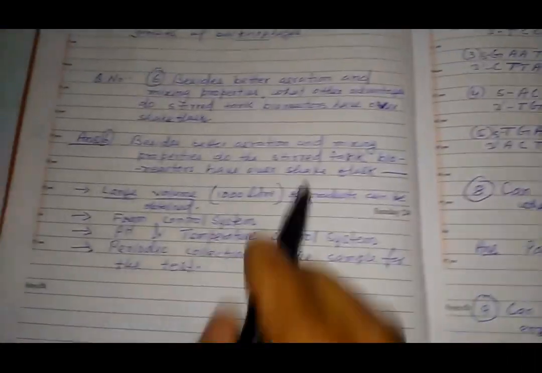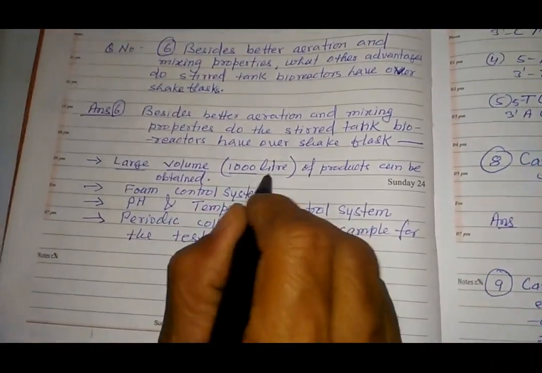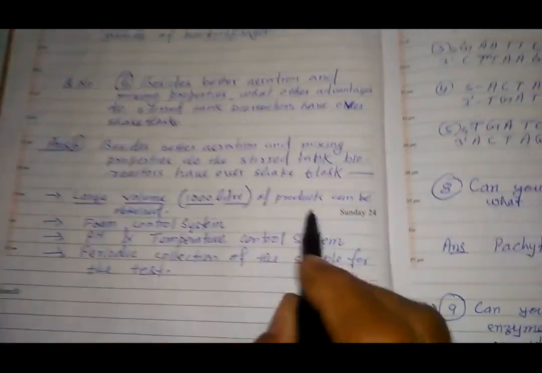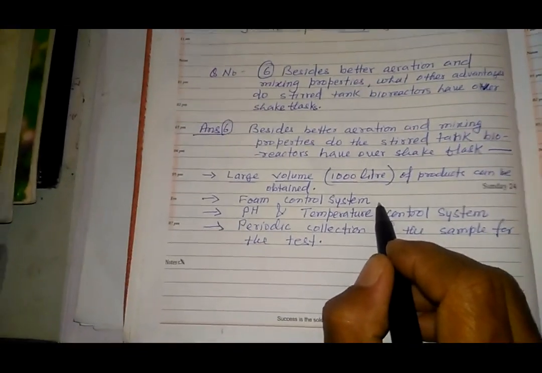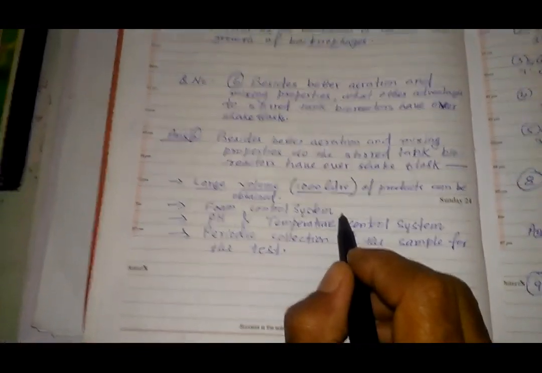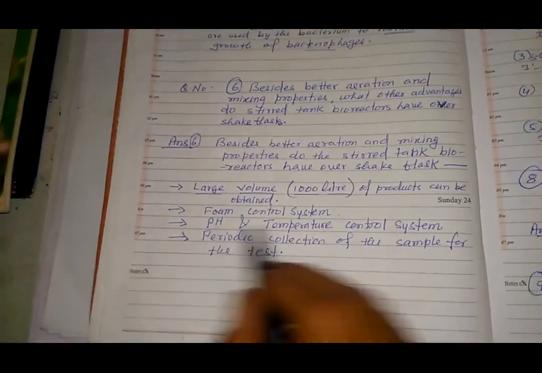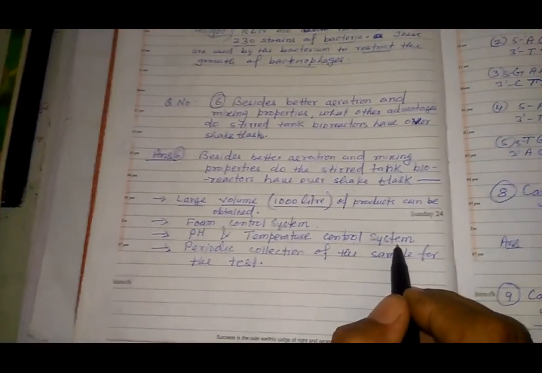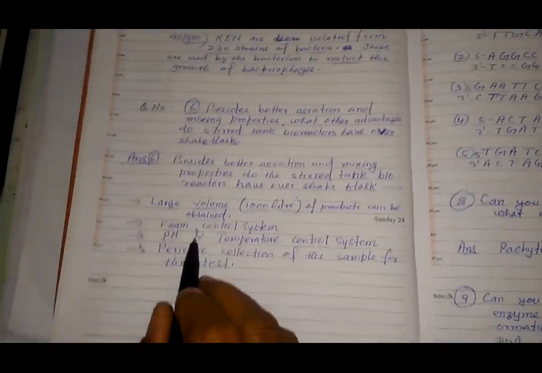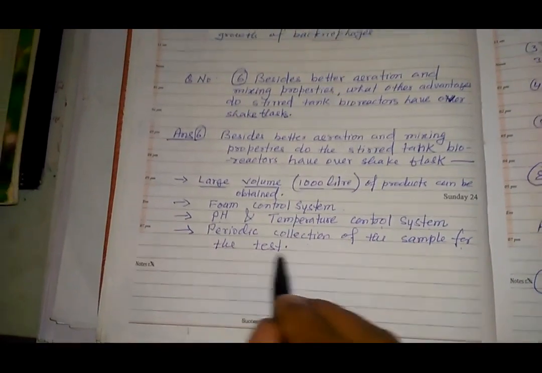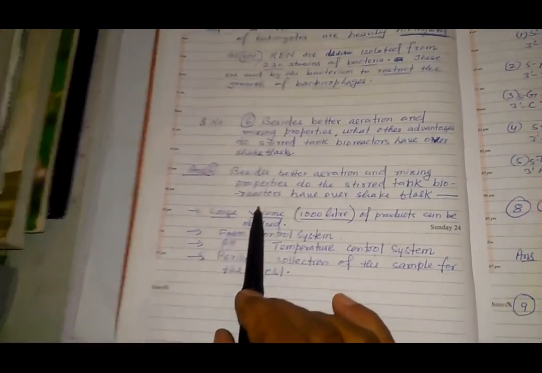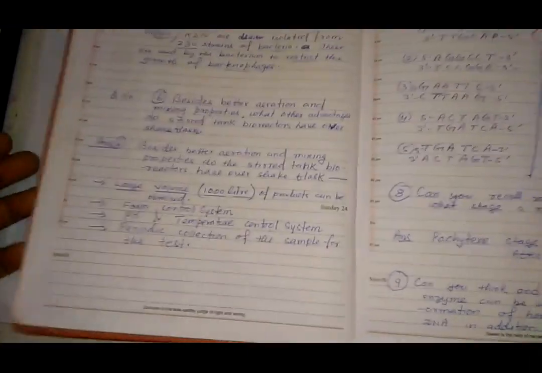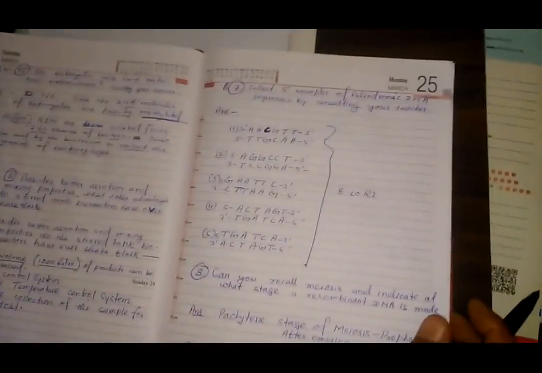They are vessels suitable for 100 to 1000 liters of culture, so products can be obtained. A foam control system is there, which is not available in a shake flask. A pH and temperature control system is there, which is absent in a shake flask. Periodic collection of samples for testing is also available in a stirred tank bioreactor, which cannot be done in a flask. So these are the answers.